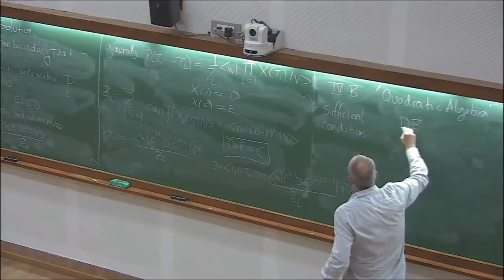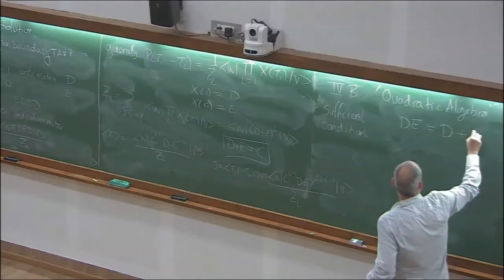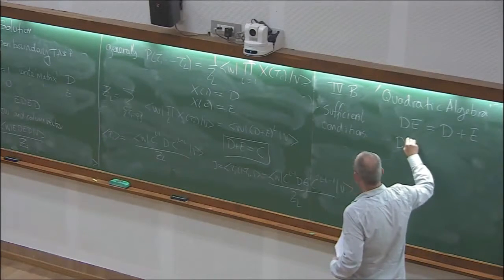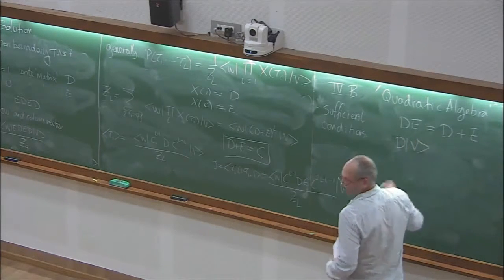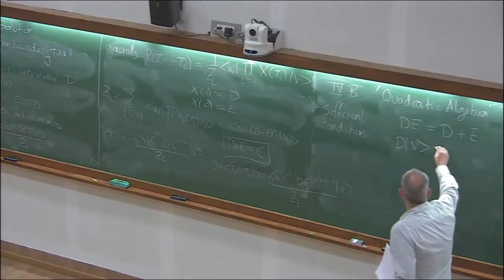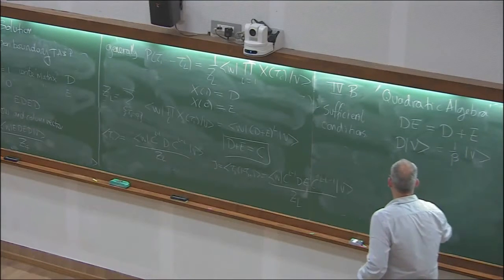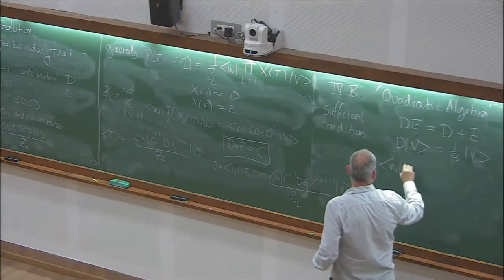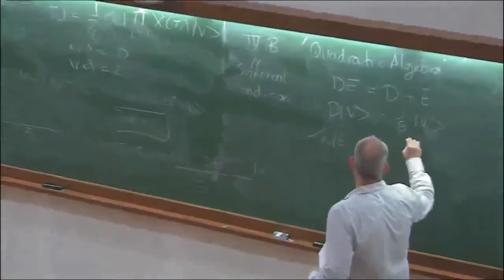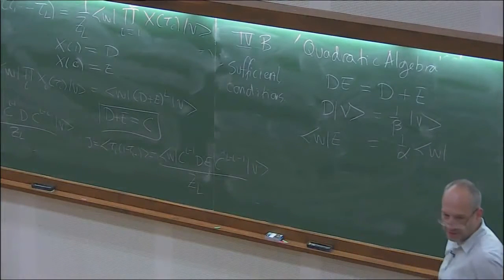So D times E equals D plus E. D acting on the column vector V is 1 over beta times V. And E acting on the row vector W is 1 over alpha times W. So what's that saying?